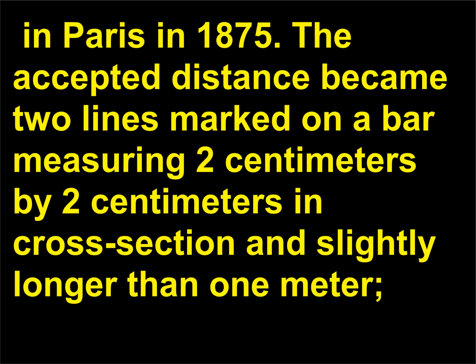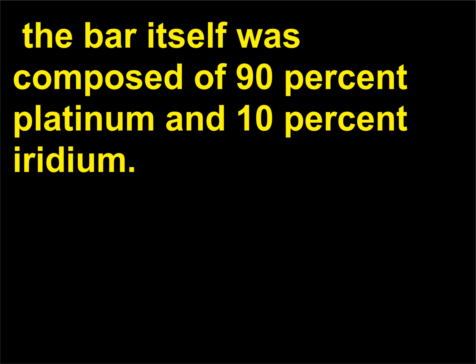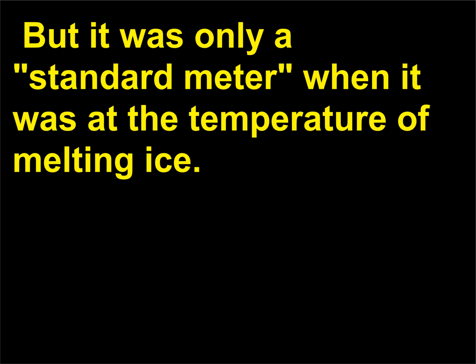The accepted distance became 2 lines marked on a bar measuring 2 cm by 2 cm in cross-section and slightly longer than 1 meter. The bar itself was composed of 90% platinum and 10% iridium. But it was only a standard meter when it was at the temperature of melting ice.